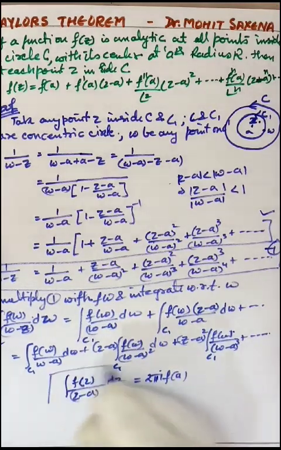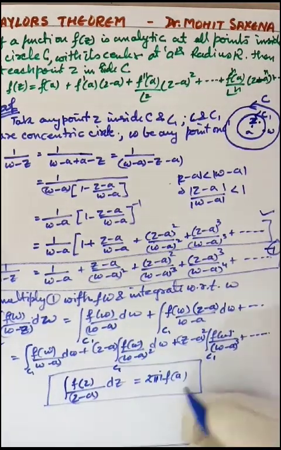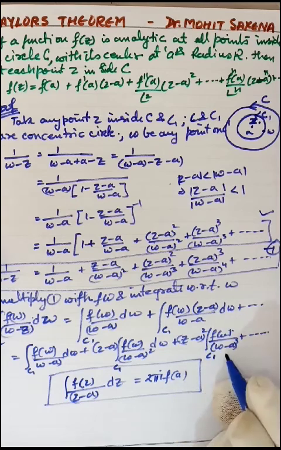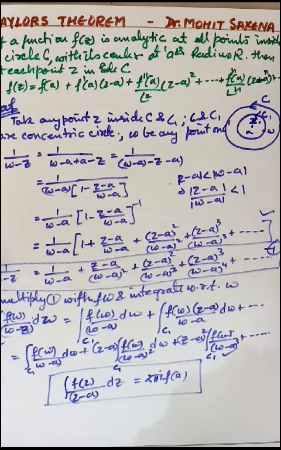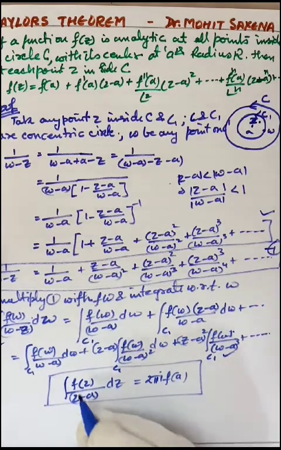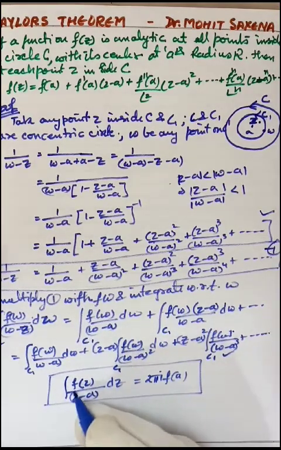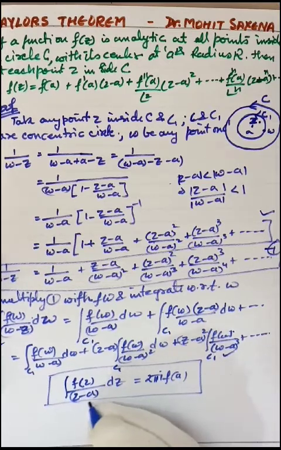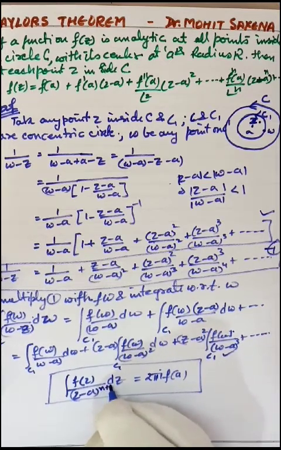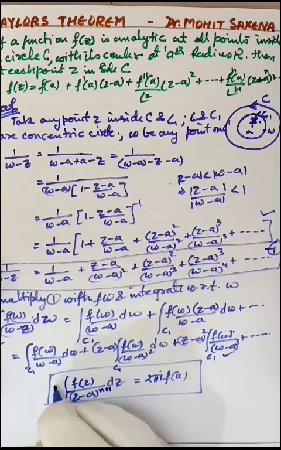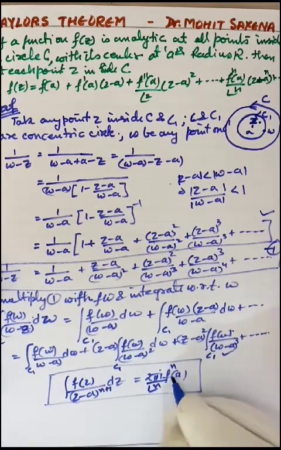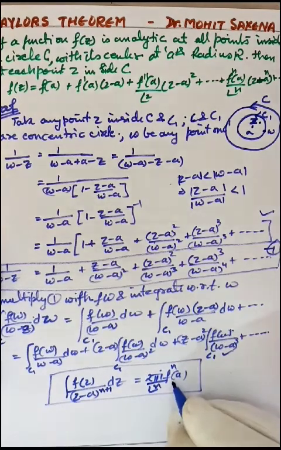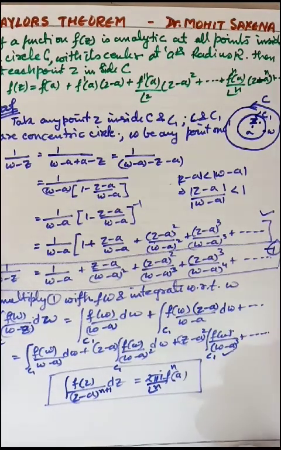This is a basic formula, Cauchy integral formula. We use this particular formula in the above expansion. If we generalize this formula, then integral f(z) upon (z minus a) to the power n plus 1 equals 2 pi i upon factorial n times the nth derivative of f at the point a.